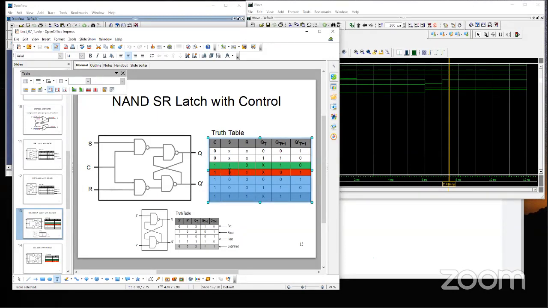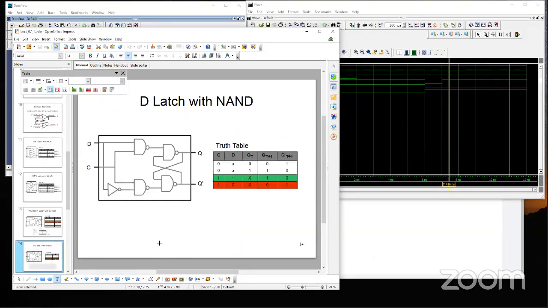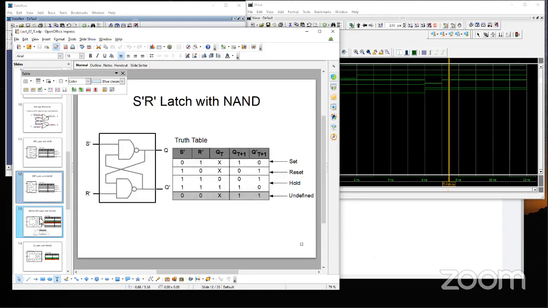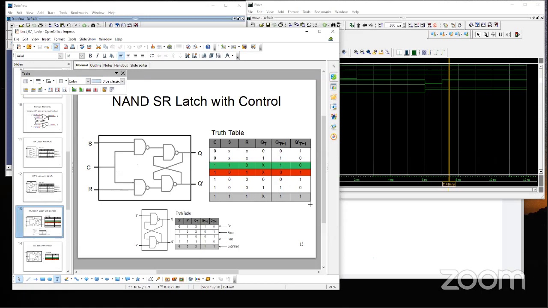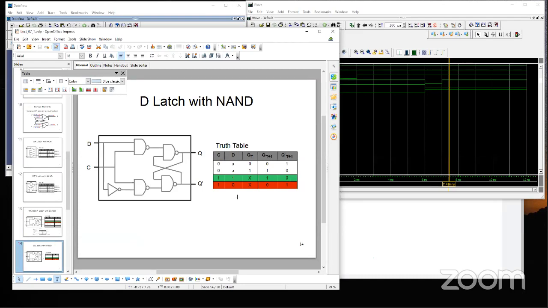Either it is 1, 0 or 0, 1. That is the allowed condition. With that observation, we derived the D-latch. Basically, we made S and R inverses of each other, and that way we eliminate the undefined condition from the whole circuit. And the D-latch is suitable for making big digital systems. Questions?